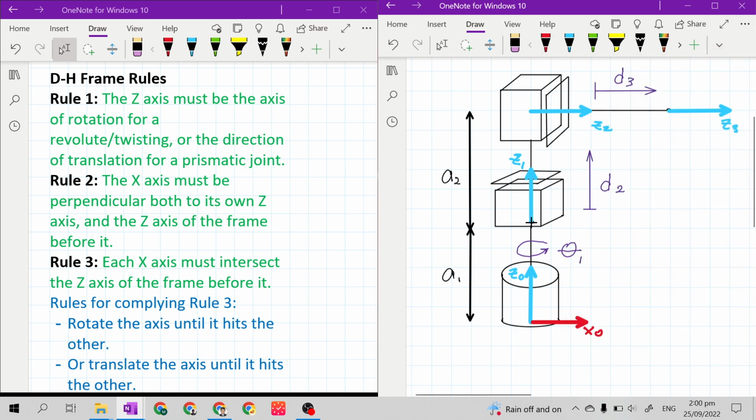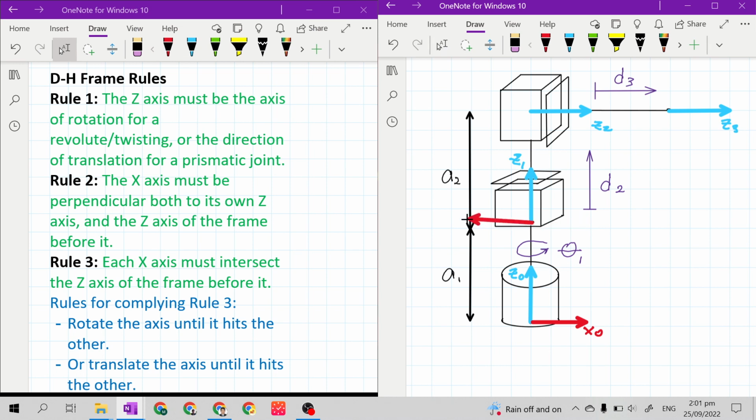Because this is the second frame, we will look at the first frame. So we have Z sub 0 as the frame before, and X sub 1 and Z sub 1 at the same frame.